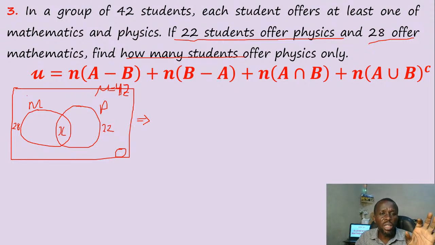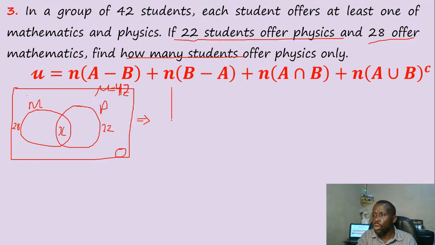The question would say, before this, find how many students... They would say 13 students offer neither mathematics nor physics. That word neither-nor is usually the part outside the circles, and that's where we place it. I hope you understand this now.